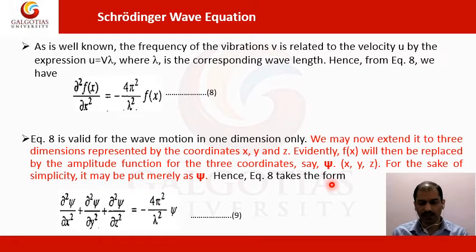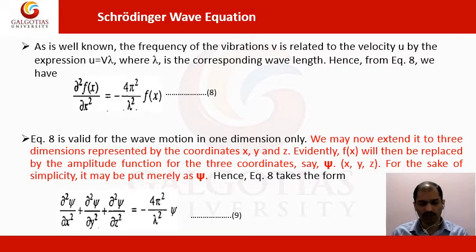Hence equation 8 takes the form del square psi upon del x square plus del square psi upon del y square plus del square psi upon del z square equal to minus 4 pi square upon lambda square psi.